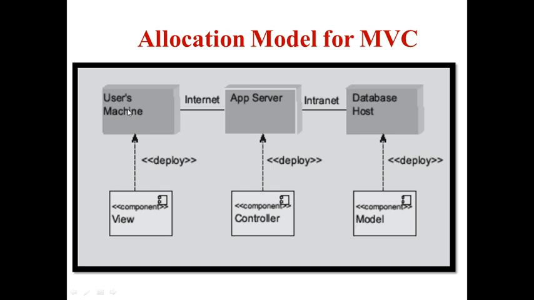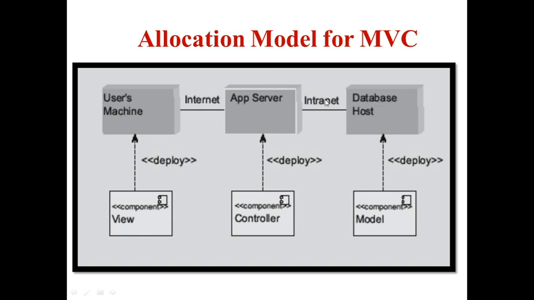See, here on the user's machine, it will be the view of the requirements. So from this machine, it has to be sent through the internet to the app server. App server is nothing but the application server, which is going to have all the requirements. Then it has to be controlled. After controlling it, it has to be developed inside the company.